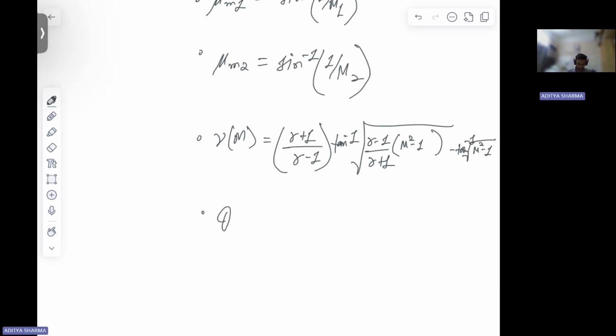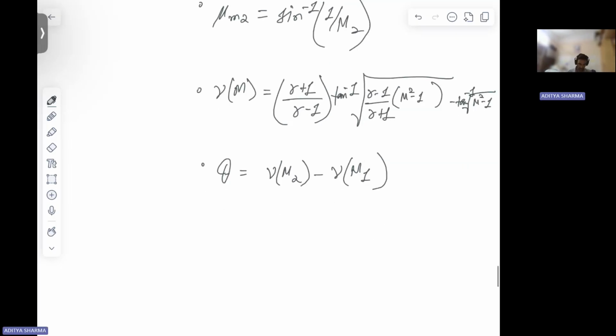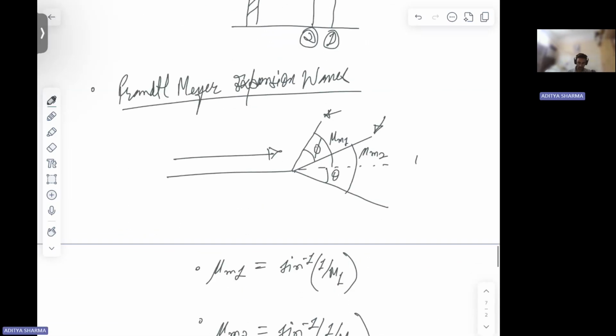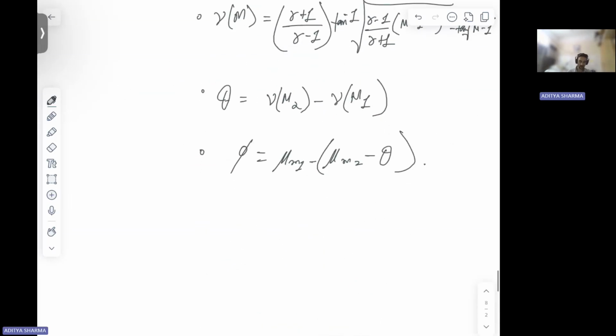So we can find out the deflection angle based on the Prandtl-Meyer function, that is nu, and the fan angle we can also find out. This is basic geometry, we can figure it out, how the fan angle and different angles are correlated. So this is there.